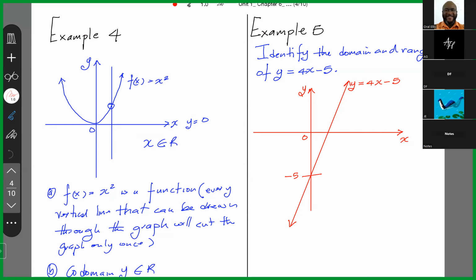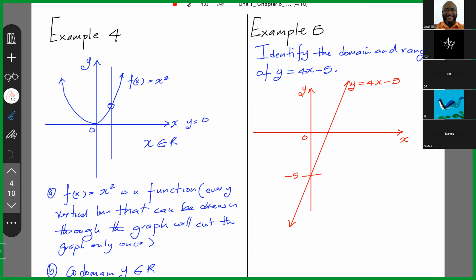Now imagine this line going on forever in both directions. It means therefore that to draw this graph, you would need every value of what? X. Now, since it's going on forever, up and down, to the left and to the right, it means therefore that you're also going to need every value of what? Y to draw this graph as well.